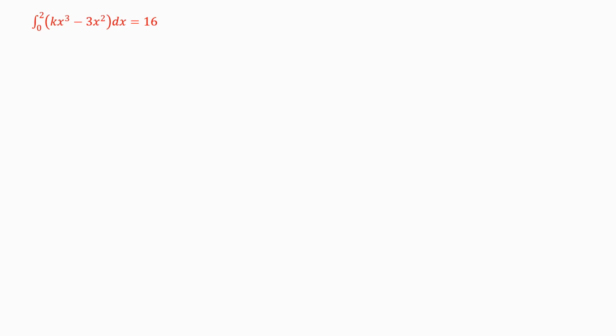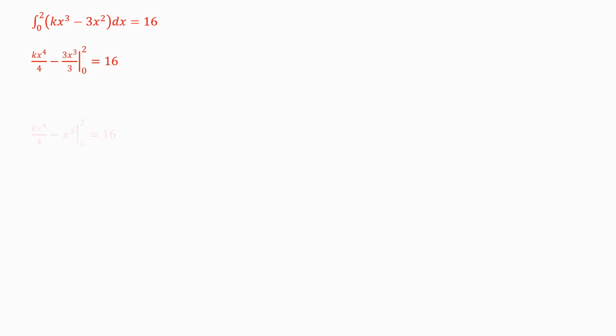So the integration of kx cubed becomes kx raised to power 4 divided by 4, minus the integration of 3x squared, which becomes 3x cubed over 3, and the integration is between 2 and 0.